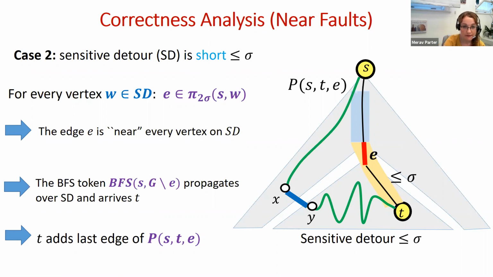So here the key observation is that if the distance between E and T is at most sigma and the sensitive detour is of length at most sigma, it must hold that for every vertex W on the sensitive detour, the edge E is also close, is also near to this vertex W, okay? So if the edge E is near every vertex on this sensitive detour, it means that the BFS token propagates along the entire sensitive detour until eventually arriving at T, and T will then add the last edge of P_S,T,E.